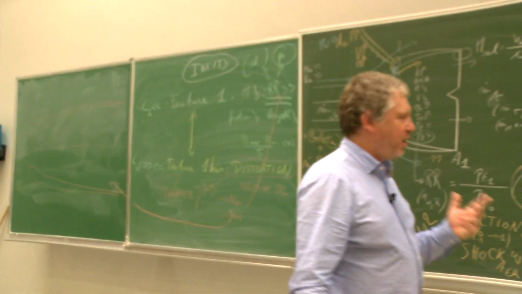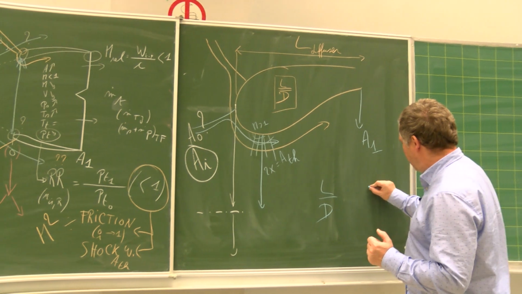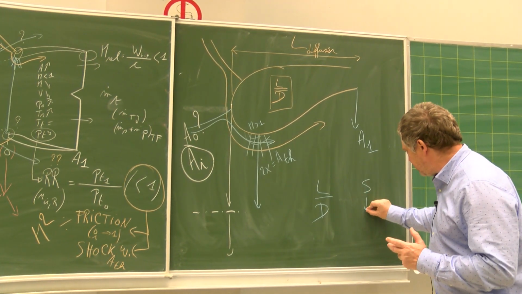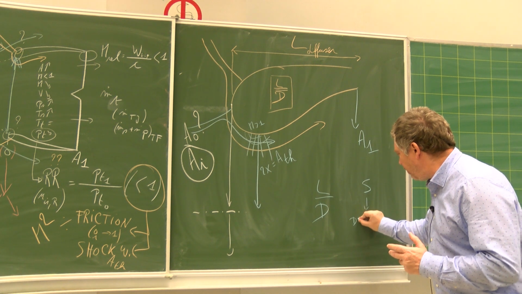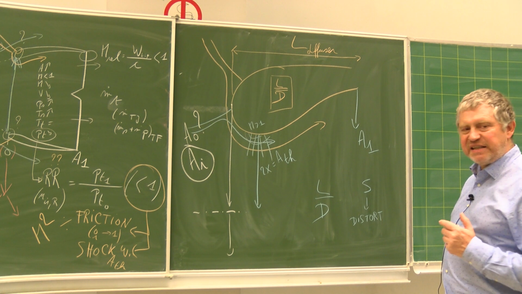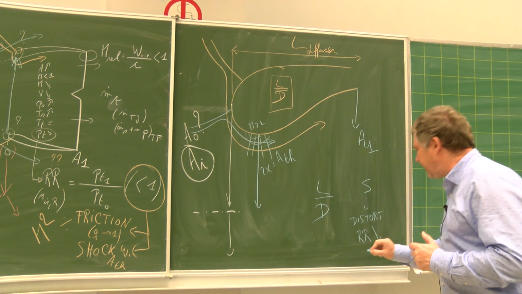If you go to a long intake, that means that the L over D will be maybe equal to 5. This is when you need really to have a protection against distortion. But the RAM recovery will then decrease.